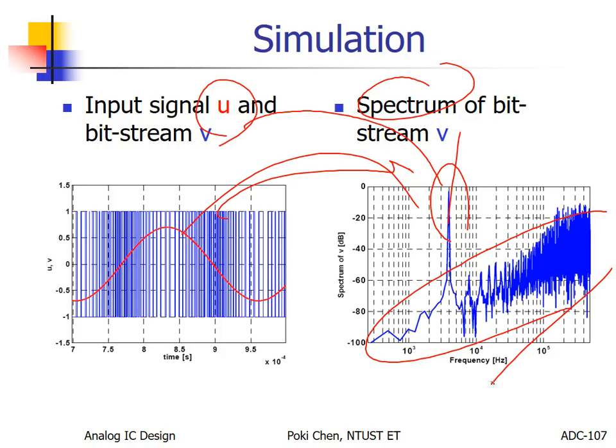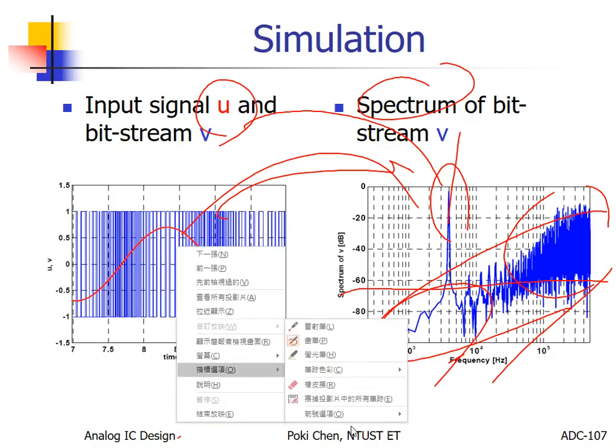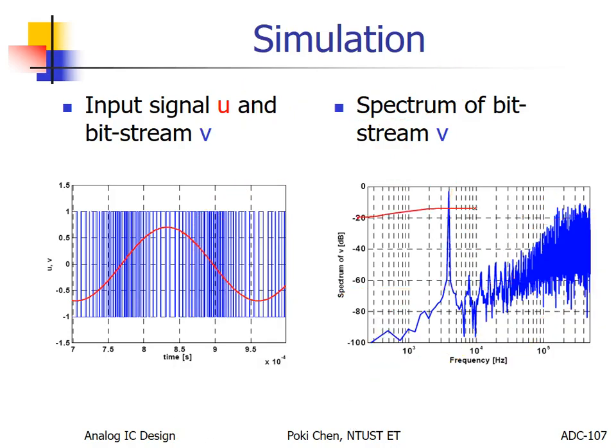Without such noise shaping, it should be flat. But right now, it looks like that. Very low in band, very high out of band. So you only need a low pass filter to cut all such high frequency quantization noise.